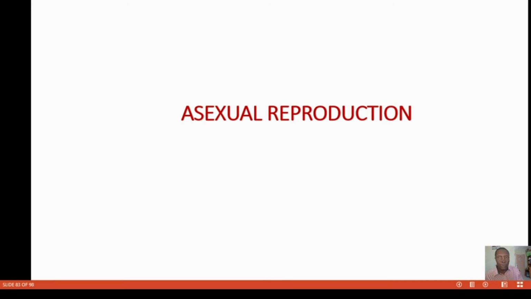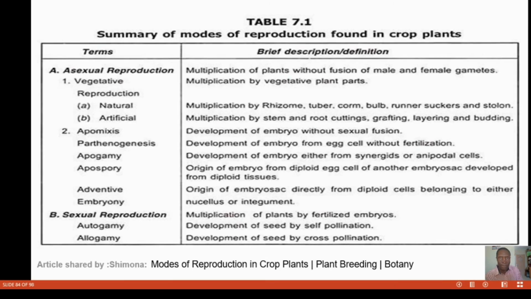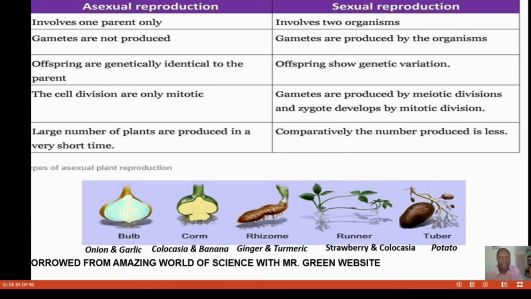Then, to conclude on this, we have the asexual reproduction. And this table 7.1, borrowed from elsewhere, does distinguish the asexual reproduction from the sexual reproduction, as you can see. And there is a brief description and definition of this that you can see in the right column. Please study them.